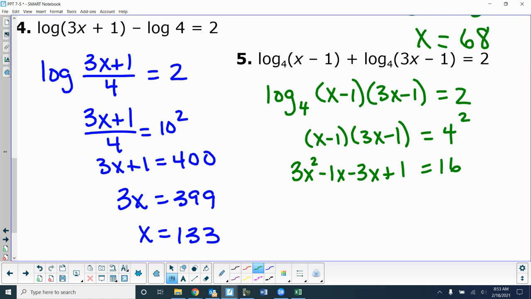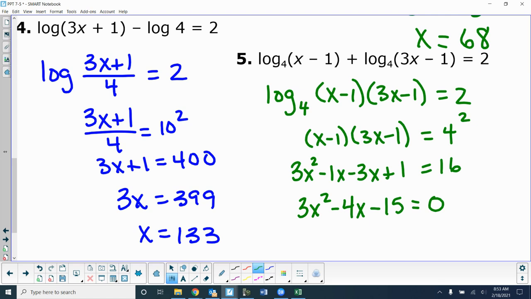To solve quadratic equations, it has to be equal to what? 0. Okay? So we got 3x squared minus 4x minus 15. How do I get minus 15? I subtracted 16 from the 1, right? Okay?